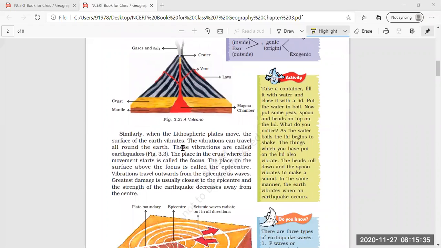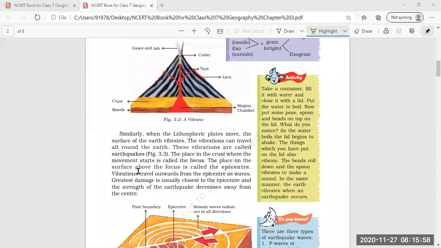Then, in this paragraph, we have understood about the earthquake. What is an earthquake? When the lithospheric plates move, the surface of the earth vibrates, and this vibration travels all around the earth.